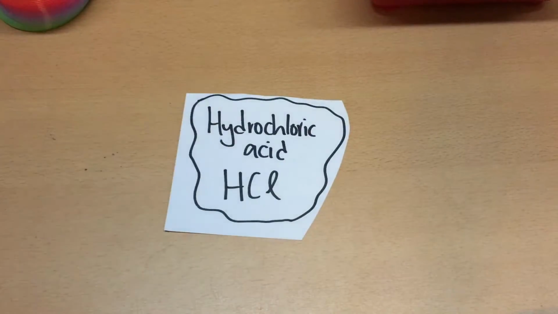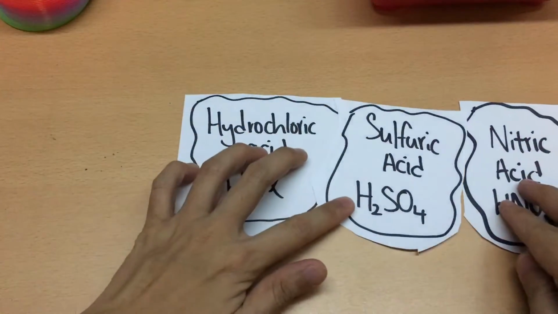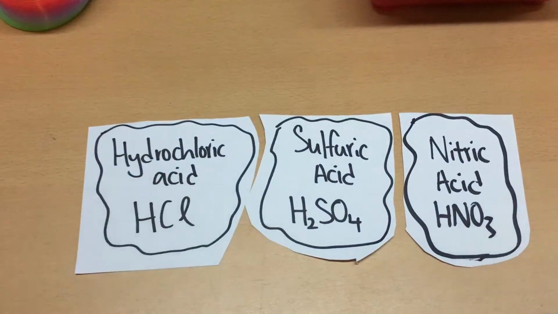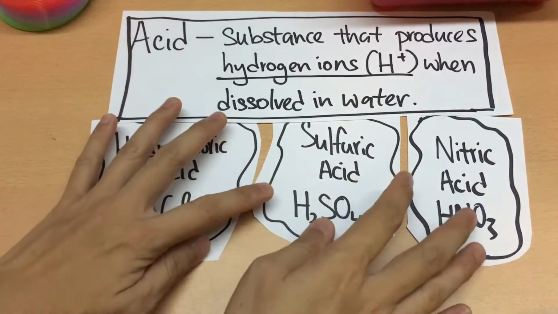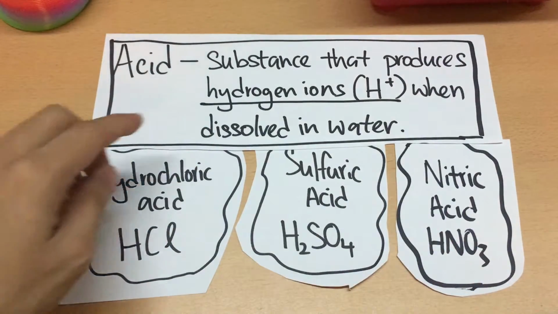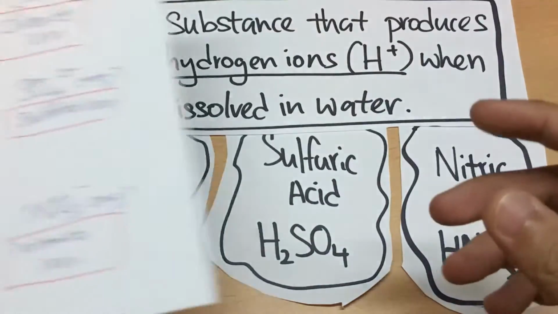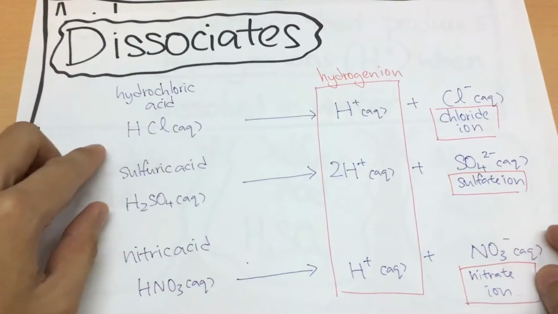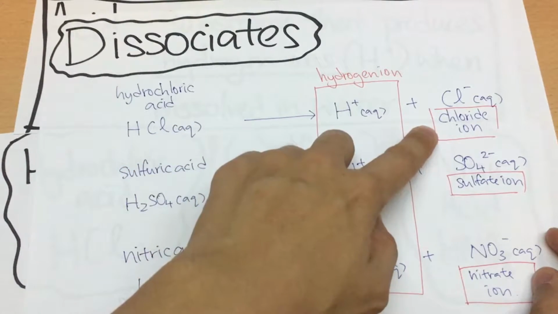Hydrochloric acid, sulfuric acid, and nitric acid are acids that will be important for you to know. The definition of an acid is a substance that produces hydrogen ions, H+ ions, when dissolved in water. So when hydrochloric acid is dissolved in water, it dissociates to form hydrogen ion and chloride ion.